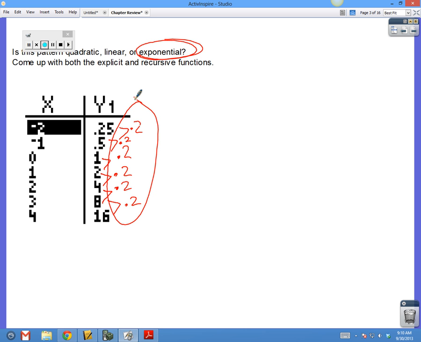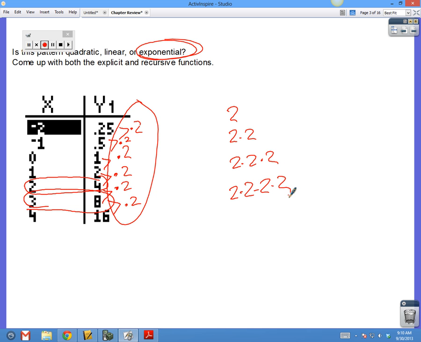So what's going to be my explicit function? How does 3 change to an 8? And how does 2 change to a 4? So if it's just repeated multiplication, look at this. 2, 2 times 2, 2 times 2 times 2, 2 times 2 times 2 times 2.